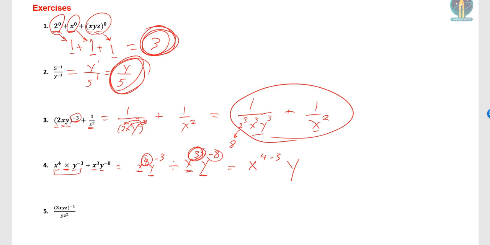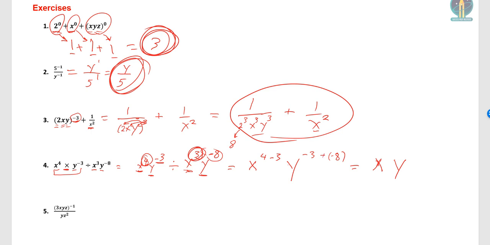And I'm just going to rewrite the base, which is y, and then I have minus 3 minus negative 8. Remember, this is negative 8, and we have to subtract. So it's minus 3 minus negative 8, which equals x to the 4 minus 3, which is x to the 1, which is just x, times y to the minus 3 minus negative 8.